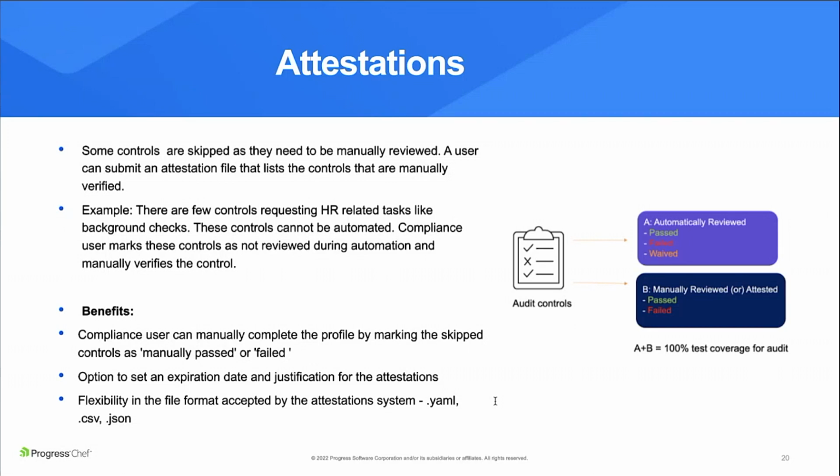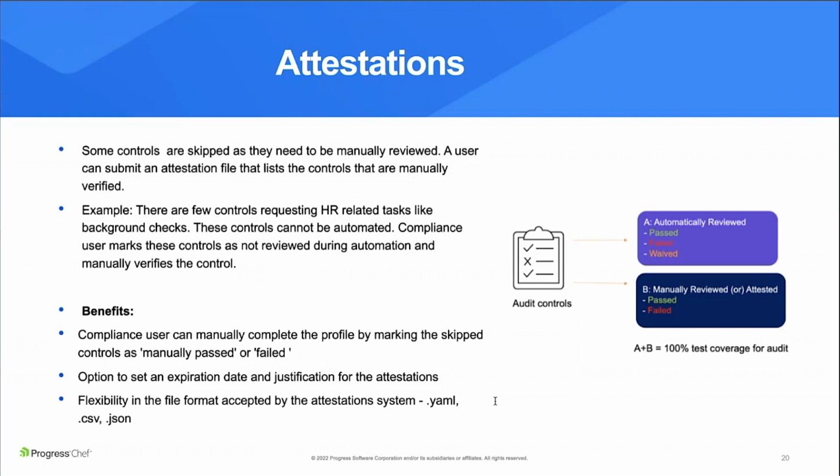There are controls like each employee should be given biometric access while entering the office, each employee should be provided with an official ID card, and each employee should undergo a background check by the HR team. These controls cannot be automated, and they need manual intervention to verify and pass or fail them.